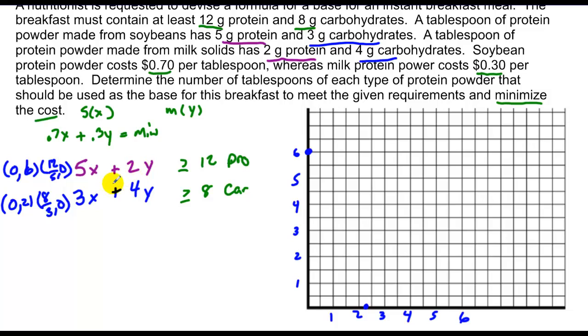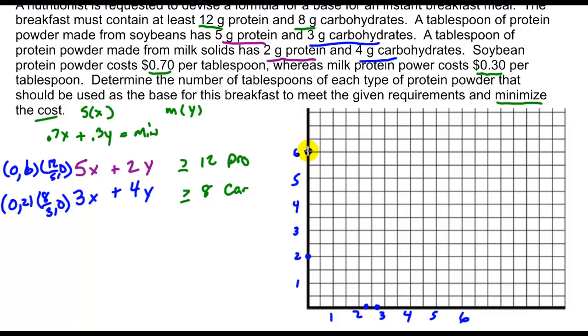And then we'll graph 0, 2, and 2 and 2/3, which is a little over 2, so right around here. Notice the importance of that scale. If it was too small, we wouldn't be able to distinguish the 2 points. And then we're going to graph those.